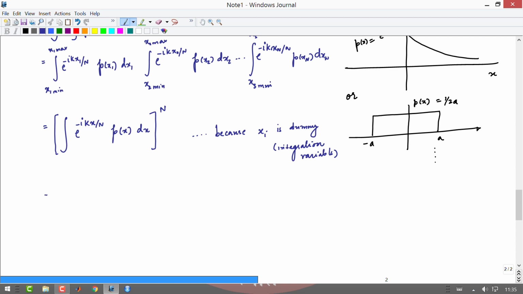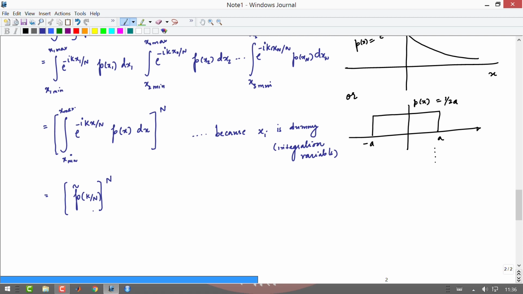Now, look at this. This integral should remind you immediately that it is nothing but the definition of the characteristic function of my PDF, except that this is the characteristic function evaluated at the wave number k by n. So, this is the characteristic function of my PDF taken at k by n, and the entire thing is raised to the power n.